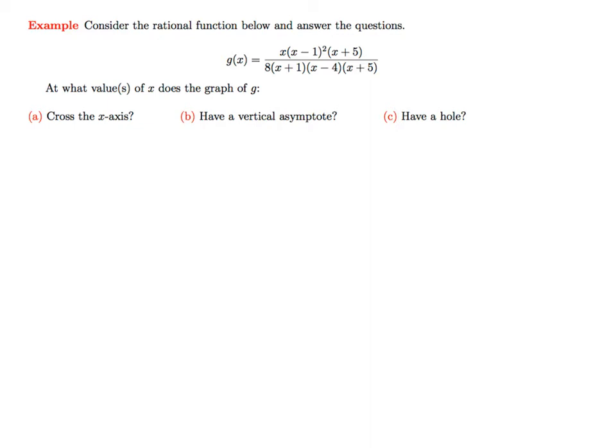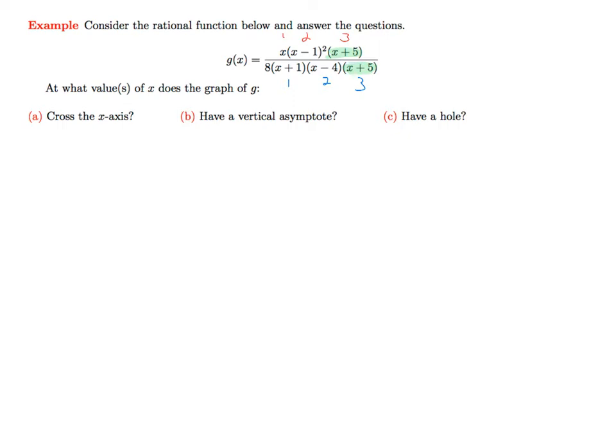So in the numerator, we have three factors. We have x, x minus 1 squared, and x plus 5. And in the denominator, we have 1, 2, 3 different factors below. And so one thing to observe is that we have a common factor in the numerator and the denominator, namely x plus 5.